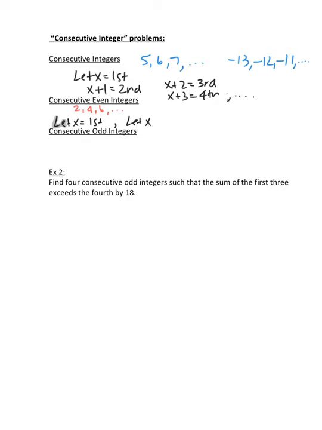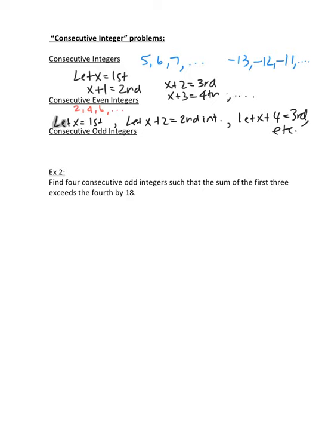The next one is 2 higher than that, so let X plus 2 equal the second integer. The next one is 2 higher than that, so let X plus 4 equal the third integer, etc., etc., etc., depending on how many unknown integers are in the problem.